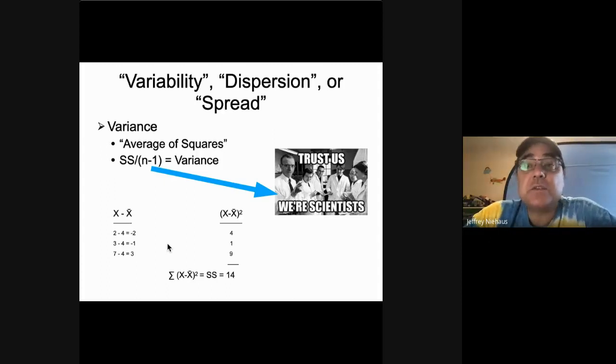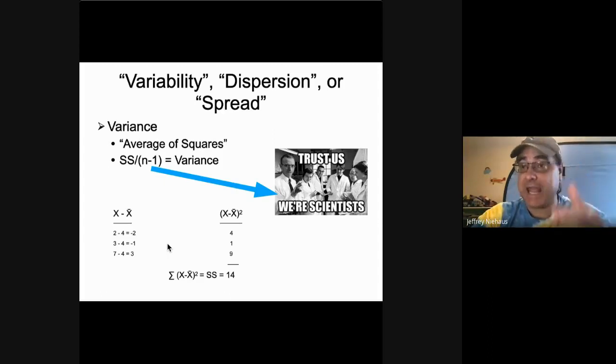There's a reason to do it. And without going too far into it, because as I said, I don't like mathematical tangents, using n minus 1, also known as degrees of freedom, keeps you on track to properly and in an unbiased way give the proper expression for the deviation at the end of the process.